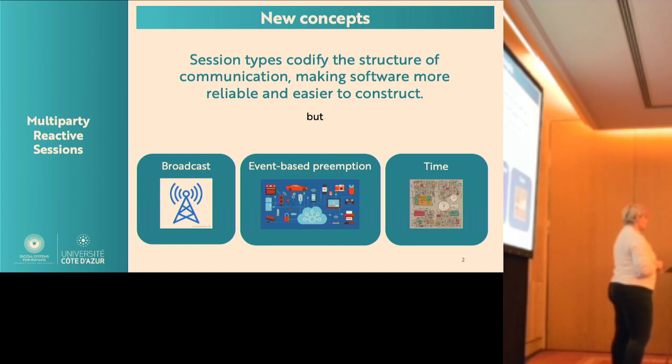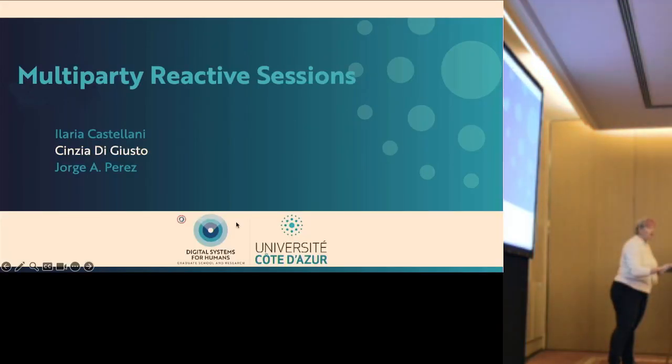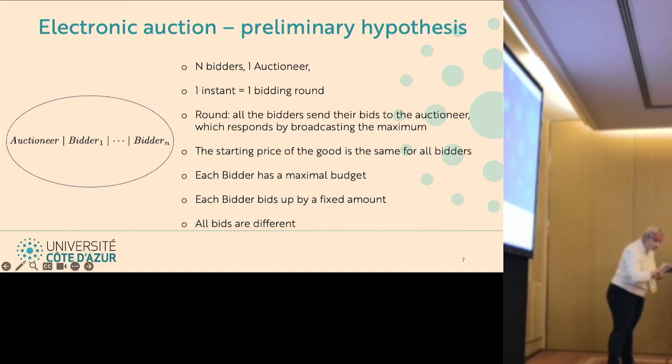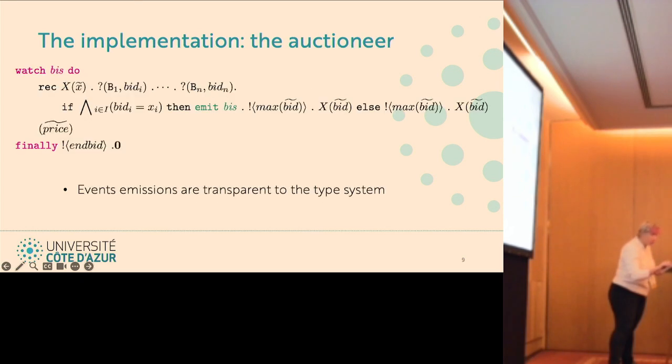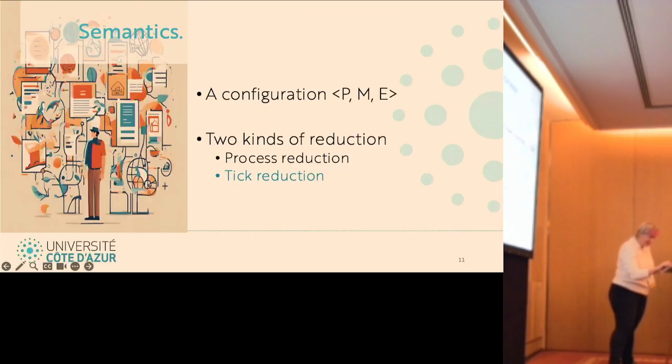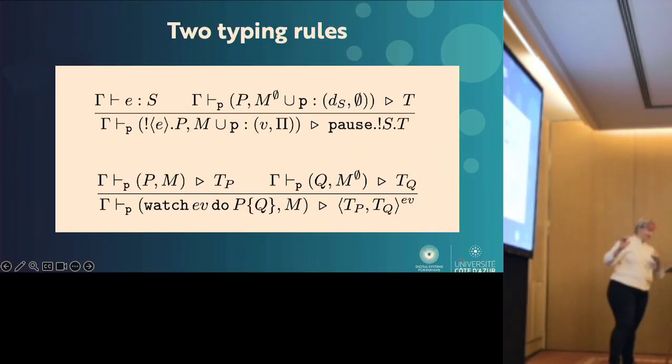May I ask another question? How do I read the typing judgment? There was a slide with two typing rules, and you referred to the memory, and I wasn't sure which part it was. And then there's a subscript on the turnstile, P, and I wasn't sure, does that denote a participant? Yeah, exactly.